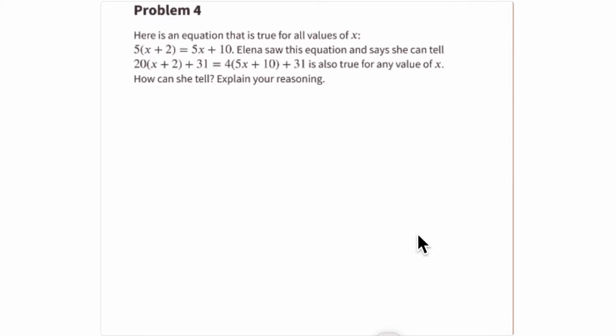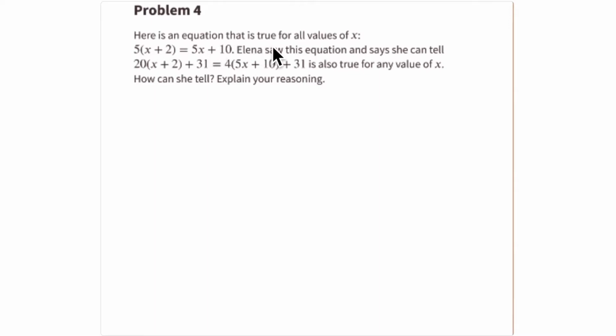This is problem number 4, which is more of the same. I think that these problems are easier for me to look at within the context of writing an equation for each expression on each side of this given equation. So you write an equation for 5 times x plus 2 and write a separate equation for 5x plus 10, and you're going to see that they're the same.